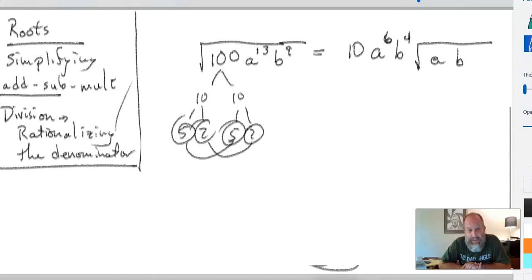And so when I've simplified this, I end up with 10 a to the sixth b to the fourth times the square root of ab.